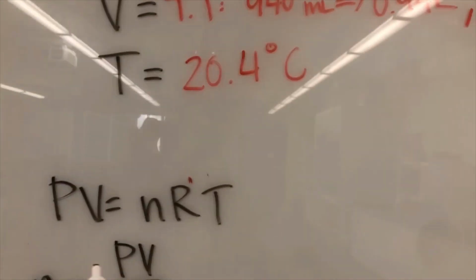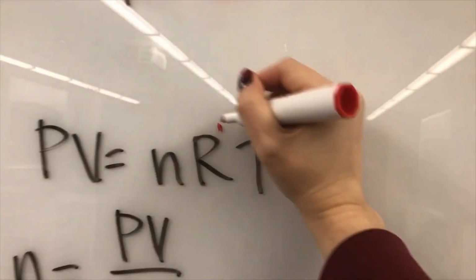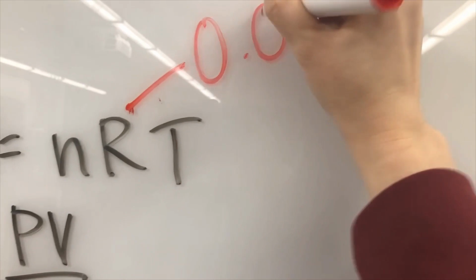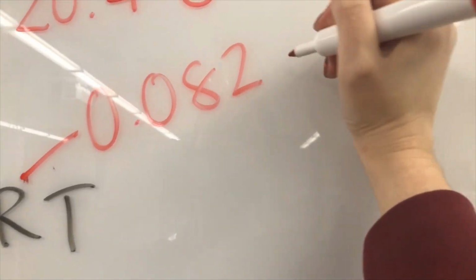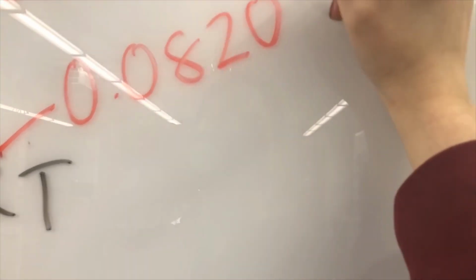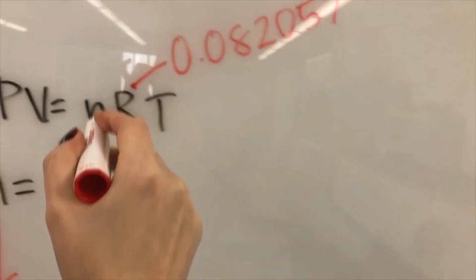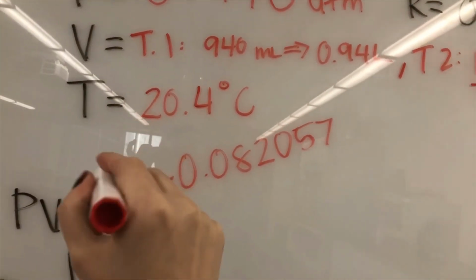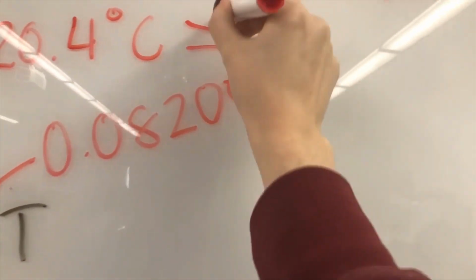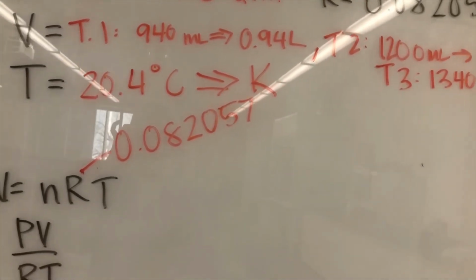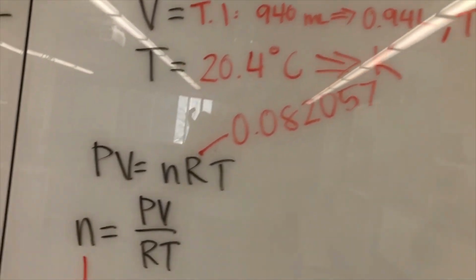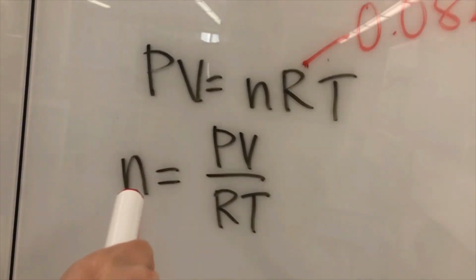We know R, which is just a constant, 0.08206, and then the temperature, which is 20.4 degrees Celsius, which you will then need to convert to Kelvin. Once you have this, you will solve for N.